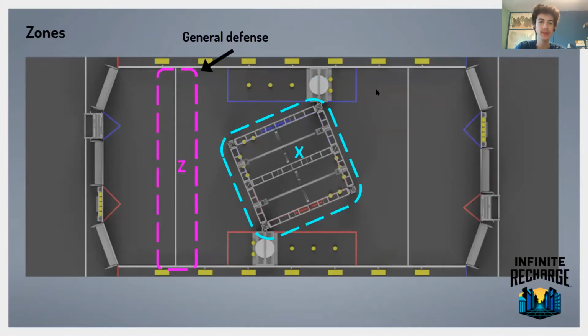And we have zones. Zones are more general areas that a robot could stay in. They're really great for defense, because oftentimes when you're doing defense, you try to stay in a specific zone that you think would be advantageous. Knowing those zones comes with game analysis, which we'll also be doing in the future.